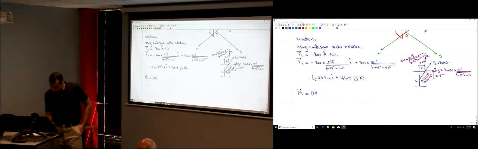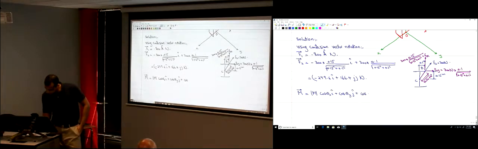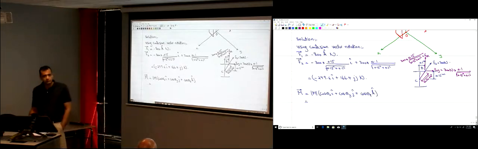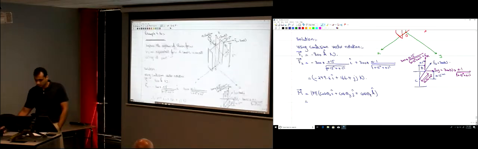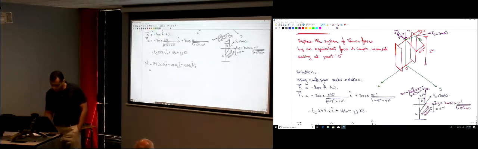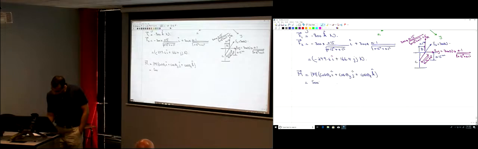The magnitude multiplied by the direction vector. Right? How much is the magnitude of the moment? 500 Newton meters.